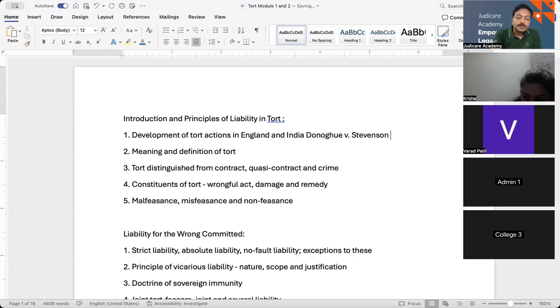And this is a case of 1932. So this is one of the landmark judgments which started to come, which we'll talk about a bit in a while, which introduced the neighbor principle in negligence law. So what this case law brought was a neighbor principle in the negligence law.